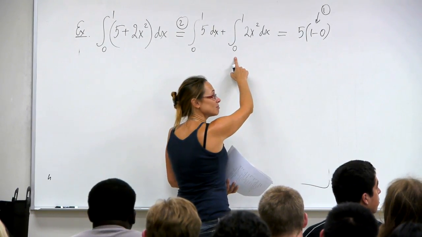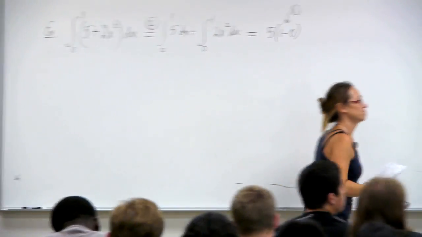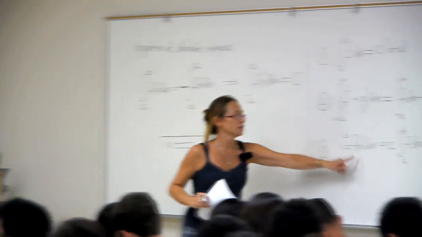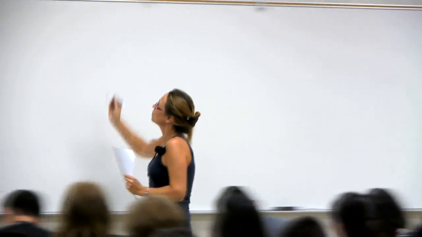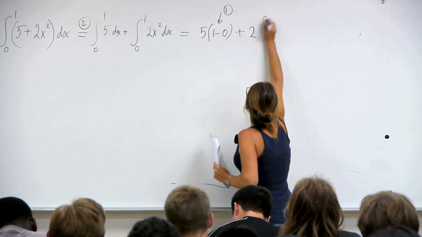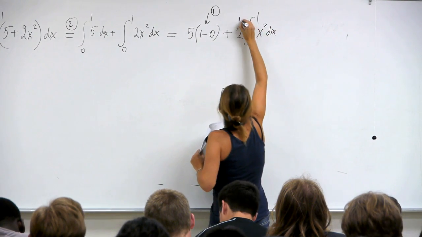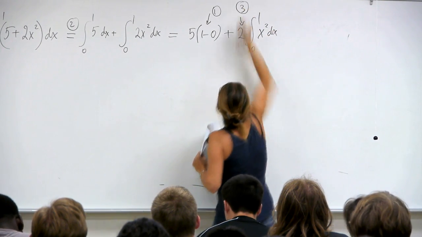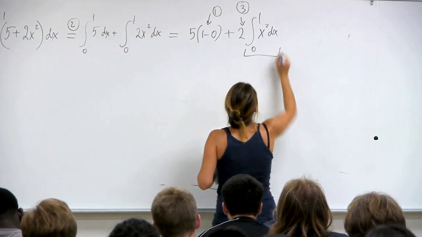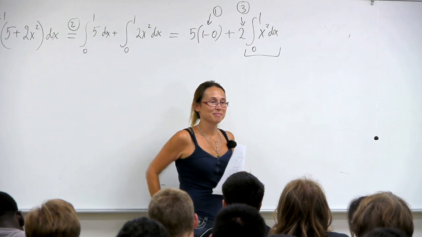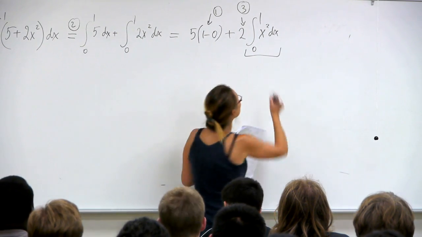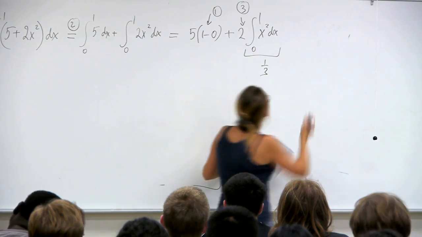So I dealt with this one nicely. Now this one, we have to look at rule number 3. We have a constant inside. 2 comes out. So this is rule number 3. So what's this equal to? I already asked you like 5 times today. 1/3, right?